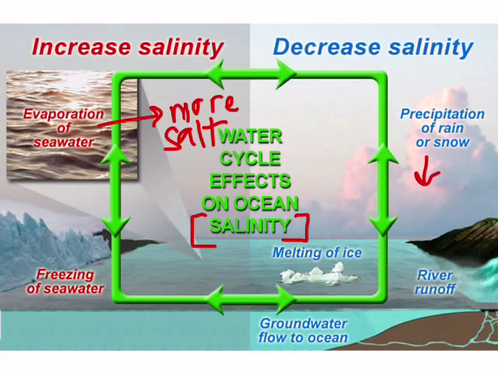Precipitation, so adding in more fresh water, is going to lead to less salt. Same thing with river runoff. An estuary, a place where an ocean meets an estuary, is going to be less salty because the water from the estuary was fresh. Anytime water freezes, the water that remains a liquid is going to be more salty because the salt doesn't freeze with the water.